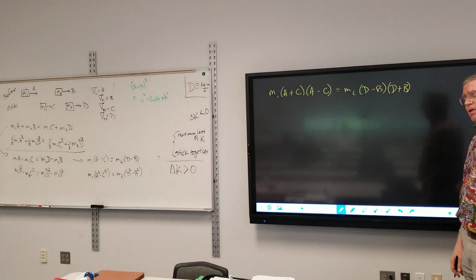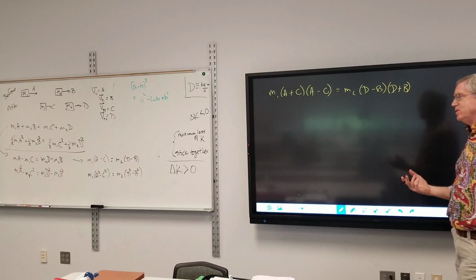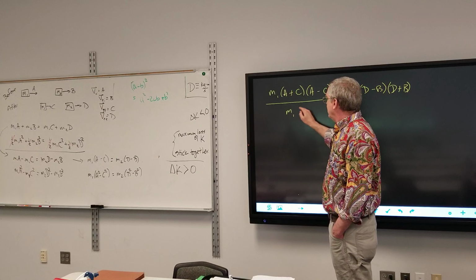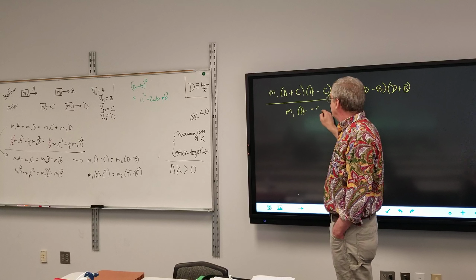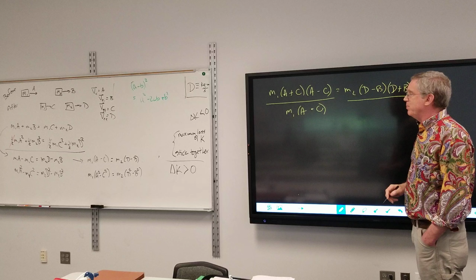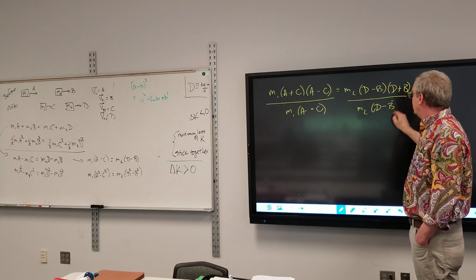And again, the math people claim as long as I divide both sides by equal quantities, it's legitimate. So I'm going to divide the left side by M1 (A minus C), and I'm going to divide the right side by what that's equal to, which is M2 (D minus B).